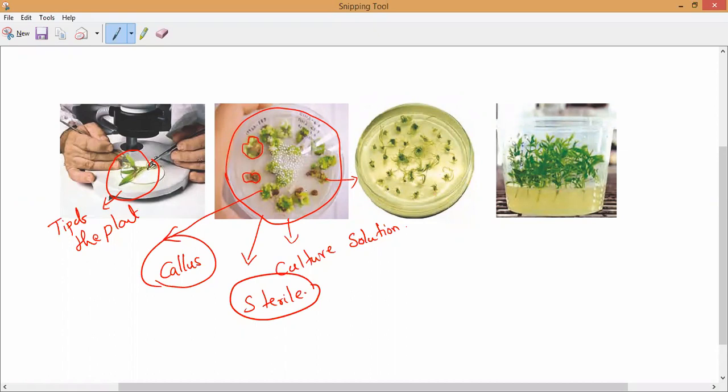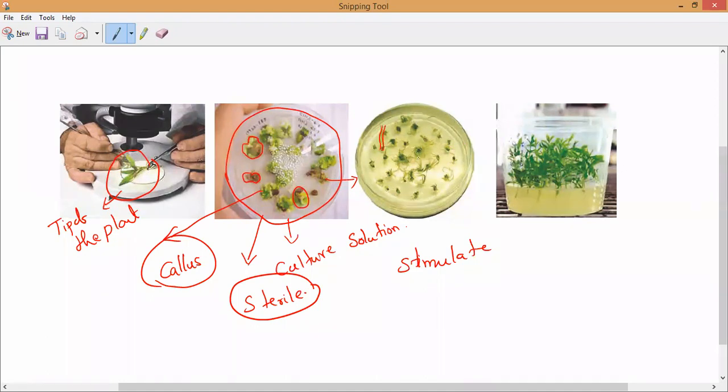So once the callus forms, we need to take this callus from this jelly and take another kind of jelly with other hormones which will stimulate. What do you mean by stimulate, guys? Which will encourage, which will help to form roots. So if you place this callus in a new kind of jelly, a suitable medium, it produces the roots. Have you noticed it?